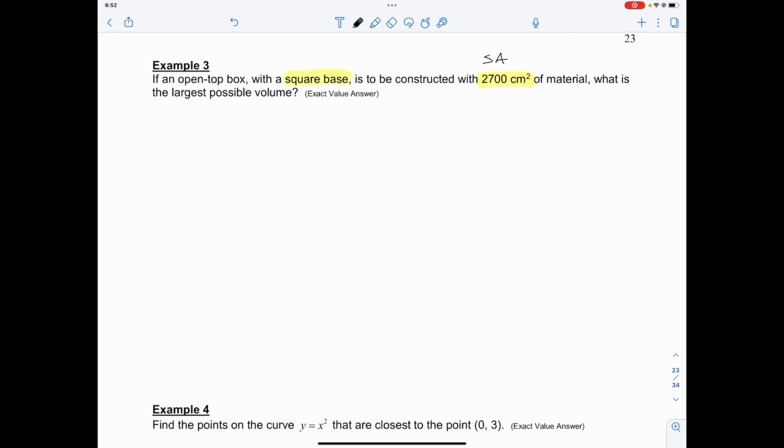So once again, I'm going to start with step 2, and I'm going to figure out what this looks like. So I have a square base, and then it is an open top box.